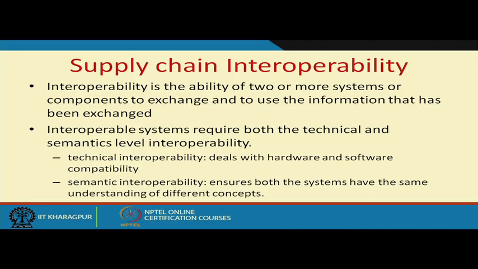Interoperability is about technical and semantic compatibility between two interacting systems. These two interacting systems can be two ERP systems, or each individual ERP connecting to a centralized supply chain management system.